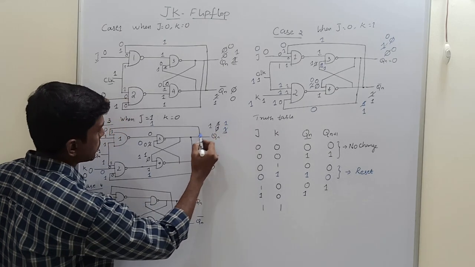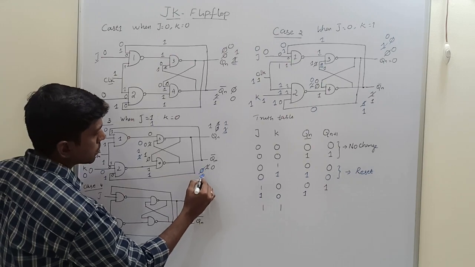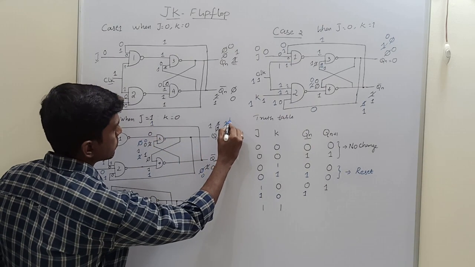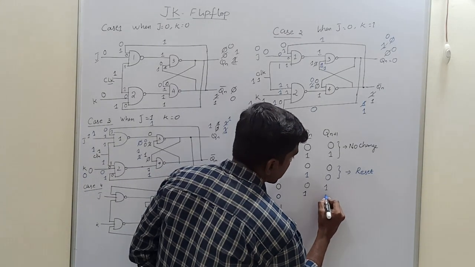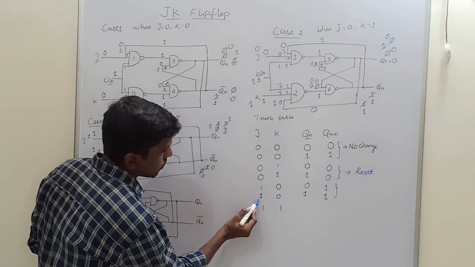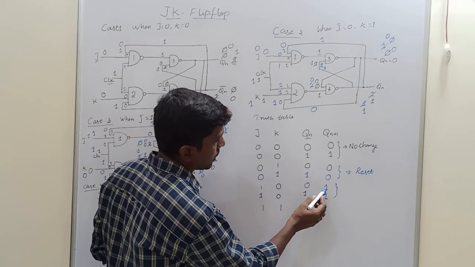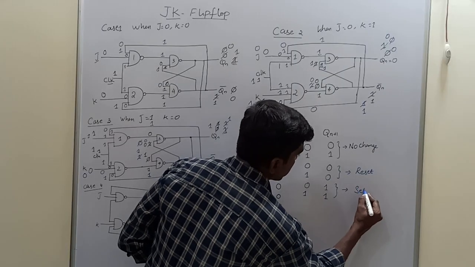Then again this one is feedback to here 1, 1, 0. So this 0 is feedback to here 1, 0, 1. So it's a stable state. Now the next state is 1. So when J equal to 1, K equal to 0, in this case present state is 0, 1, next state is 1, 1. So this state represents set.